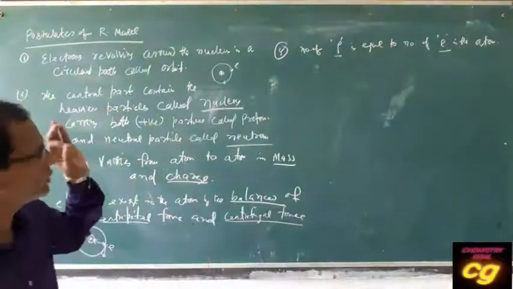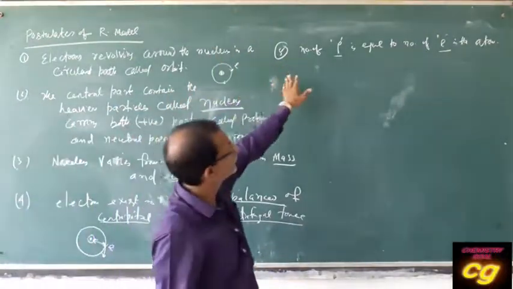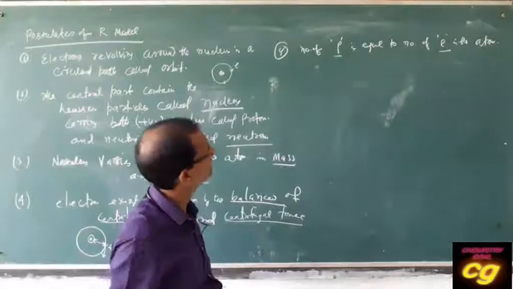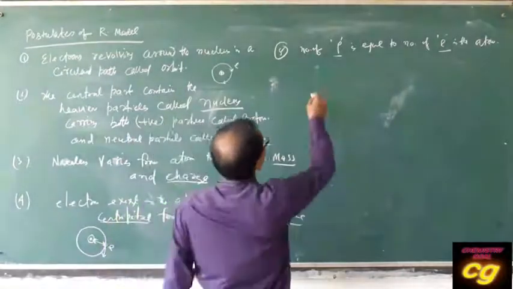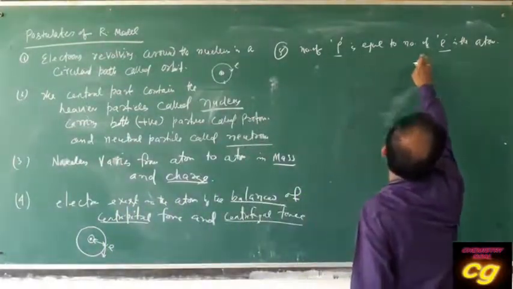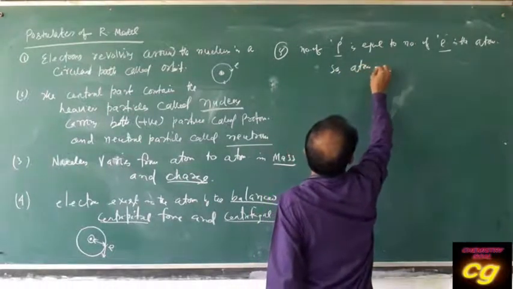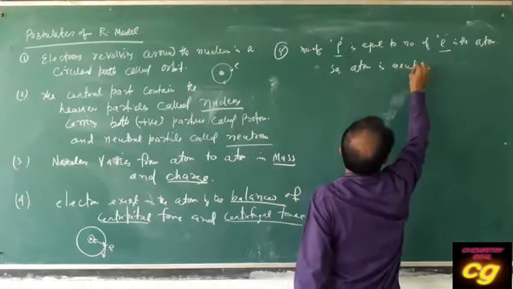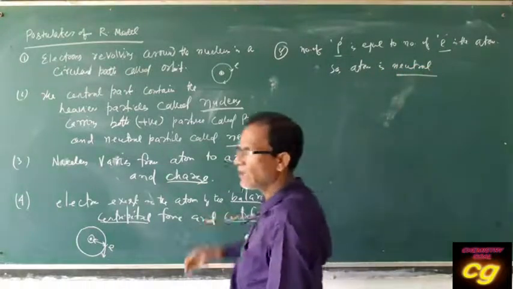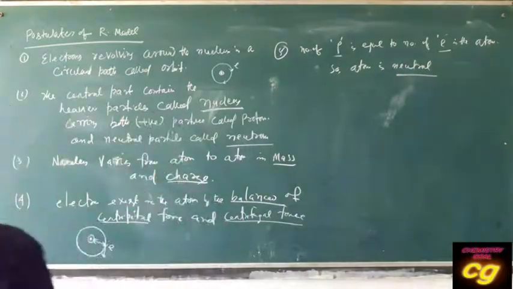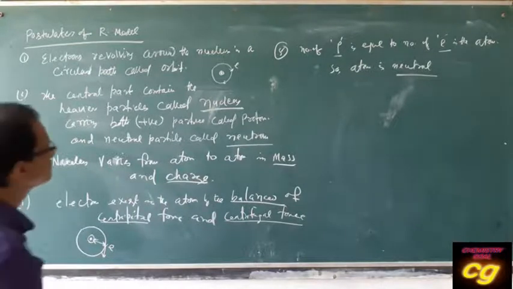In a particular atom, the number of protons and electrons are the same, so the atom is neutral.